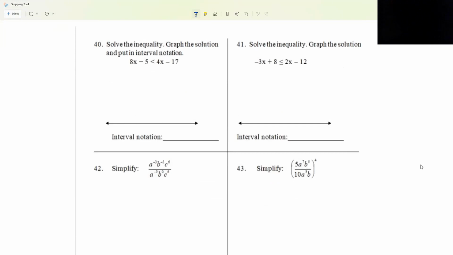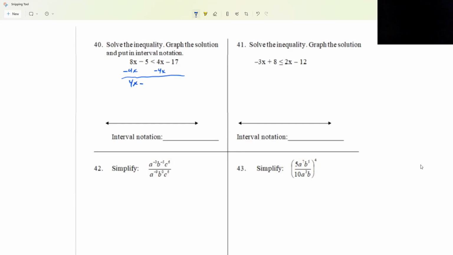Okay, so you got these inequality things. Remember, you're just going to solve them like regular linear equations. The only difference is that you're going to have to watch out for a couple of things. So I'm going to go ahead and subtract 4x from both sides.